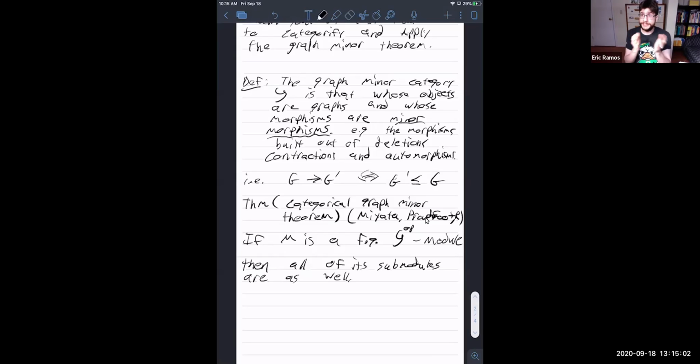In other words, G-op modules satisfy a Noetherian property. And I call this the categorical graph minor theorem.